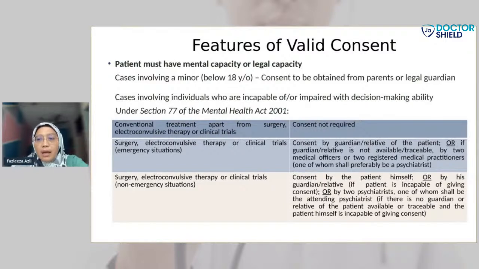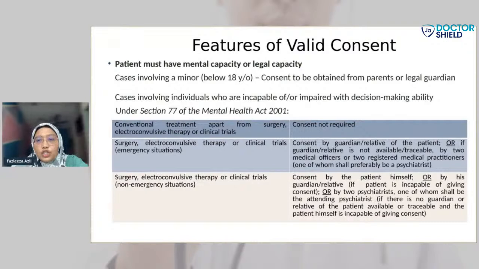those who are having mental issues, for example, there's a provision under Section 77 of the Mental Health Act 2001, where it is clearly stated that consent is generally not required for conventional treatment apart from surgery, electroconvulsive therapy, or clinical trials for patients with mental disorder.